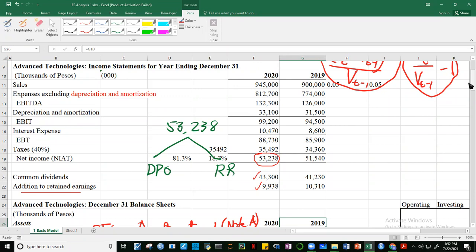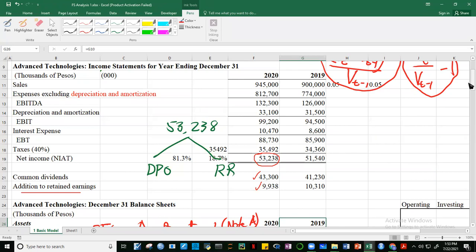Yes or no, guys? Can we construct the statement of cash flows for 2019? Thank you, William. No, you're correct. Hindi pa pwede.